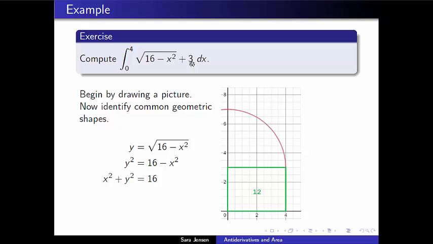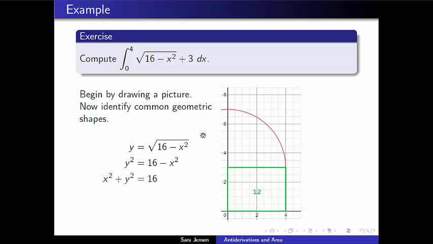So ignoring the +3 and focusing just on the square root of 16 minus x squared part, if that were equal to our y value, then squaring both sides of that equation and adding x squared to both sides of the equation would give us this equation, x squared plus y squared is equal to 16. And it's in this form that I recognize this as the common or standard form for a circle of radius 4 centered at the origin.